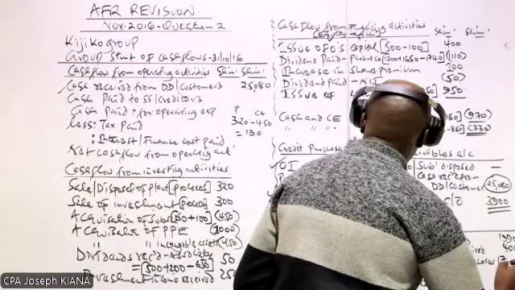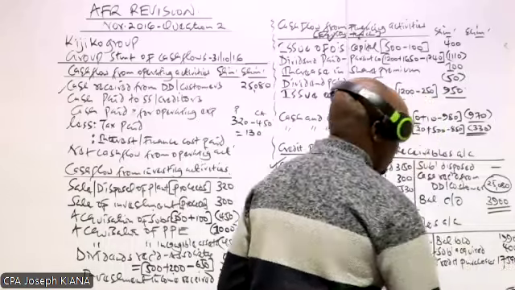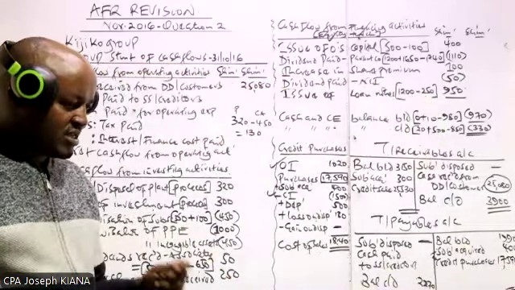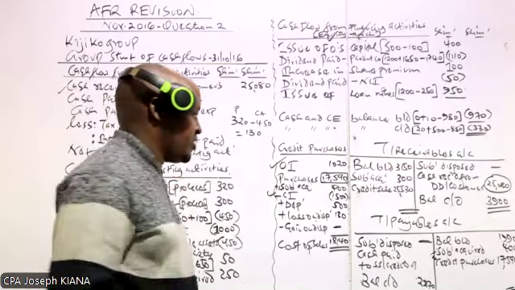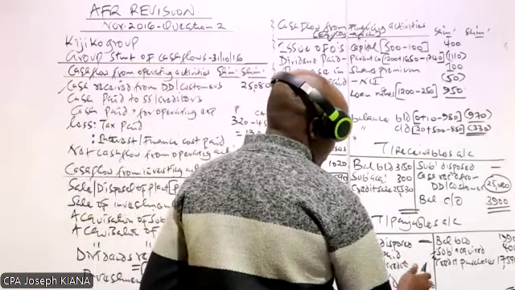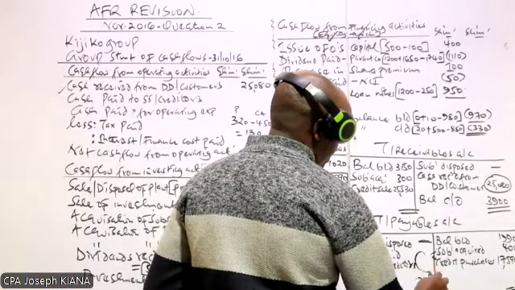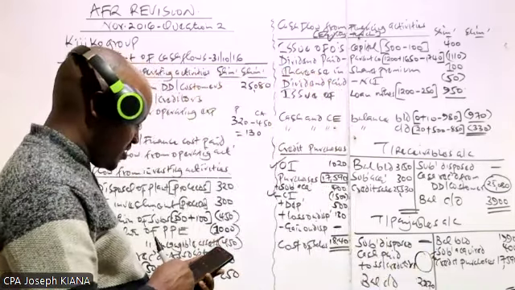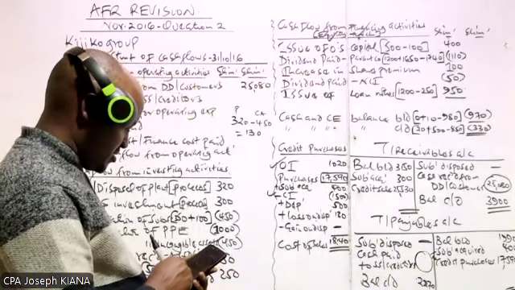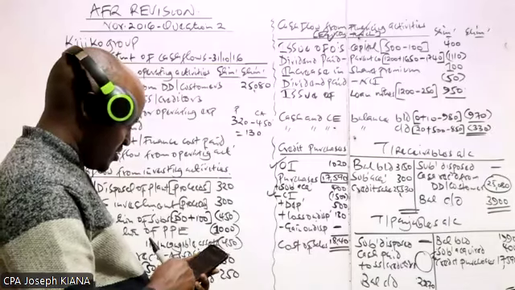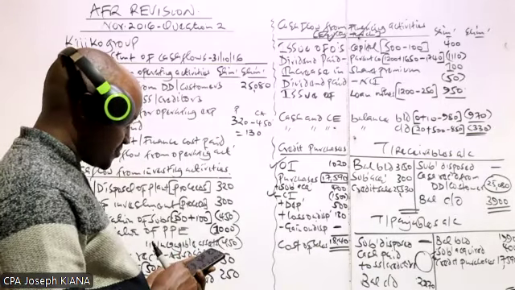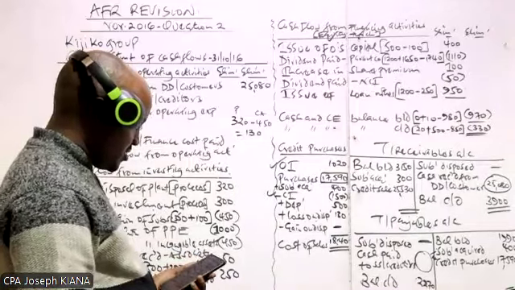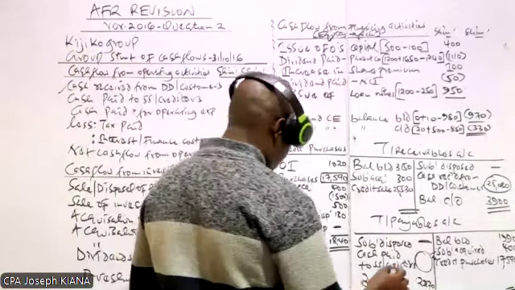Because the question is silent, we assume that was credit. And then what we need to do is balance our account. The balancing figure on this side represents the cash paid to suppliers or creditors. We have 1990 plus 400 plus 17,590 minus what we have on the debit, 2270.